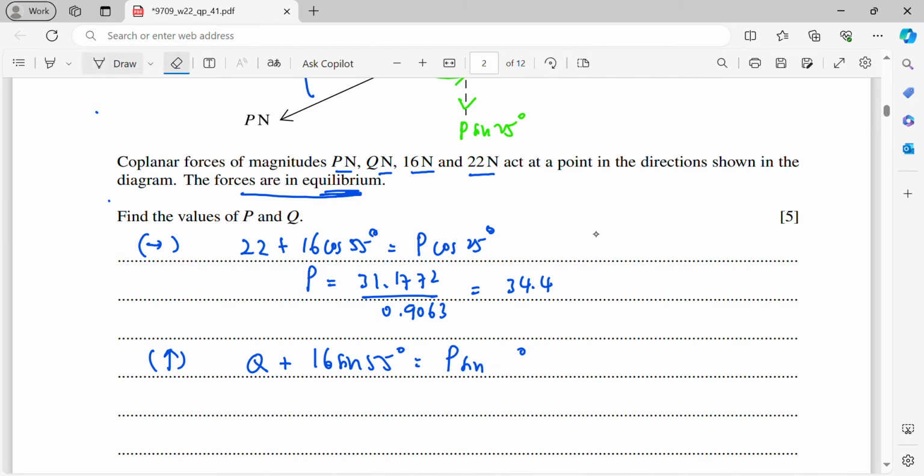Then from here, to get the Q, right now P sine 25 degrees, I will write 34.4 because we have counted 34.4 just now, sine 25 degrees. Then this plus 16 sine 55 degrees will be moved to the other side, becomes minus. So minus 16 sine 55 degrees. And at last, when you calculate this, it will be 1.43. So that's the solution for question number 1.